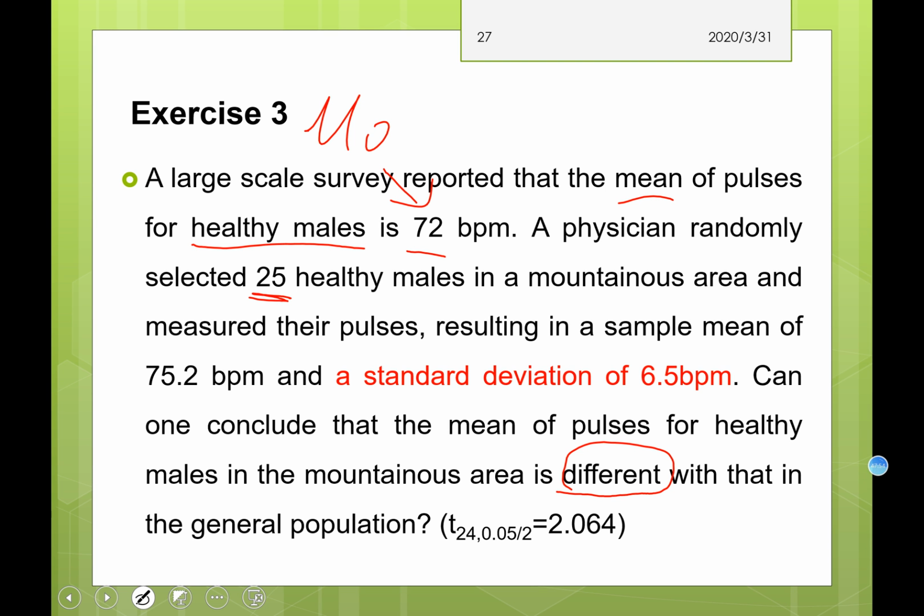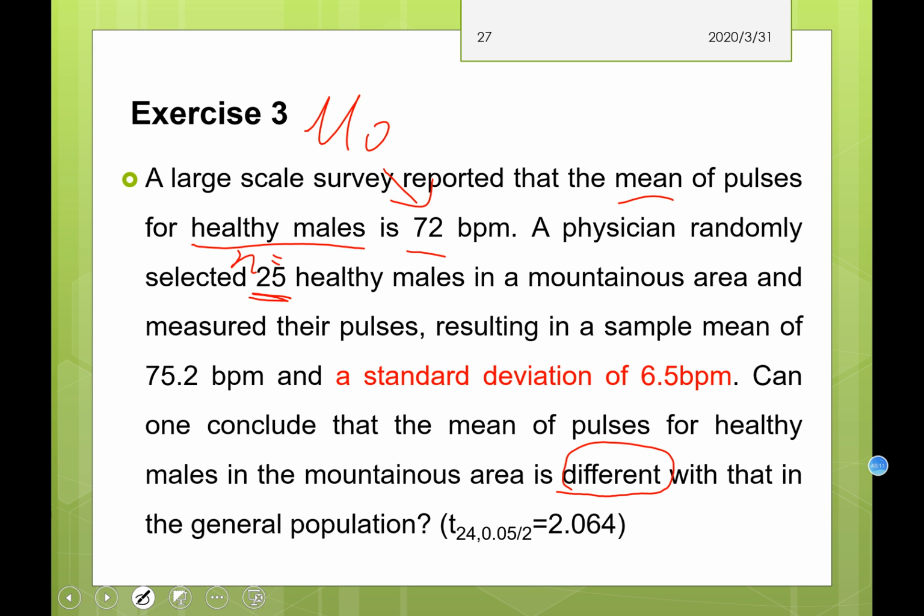So this is the little n, the sample size. Can you find another sample size in this question? No, you can't. So there is only one sample. So that is a one sample hypothesis test.